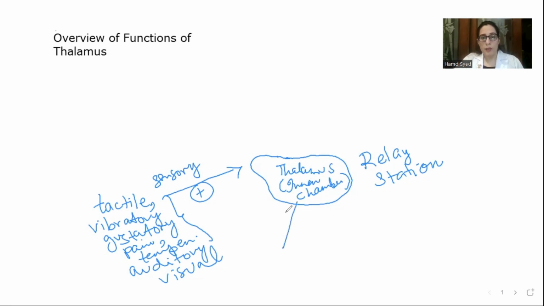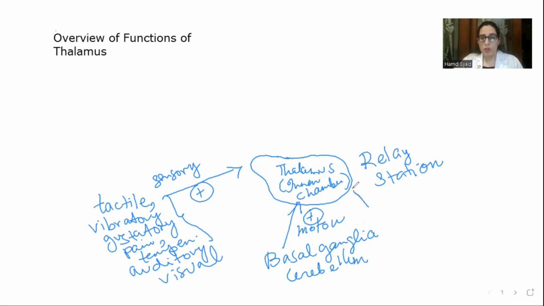Now let's look at the other type of information, which is the motor information. And this is entering the thalamus from the basal ganglia, which are the masses of gray matter lying under cover of cerebral hemispheres, and also the cerebellum.